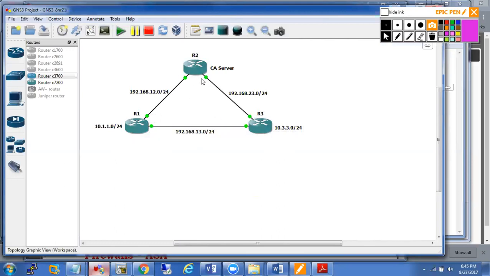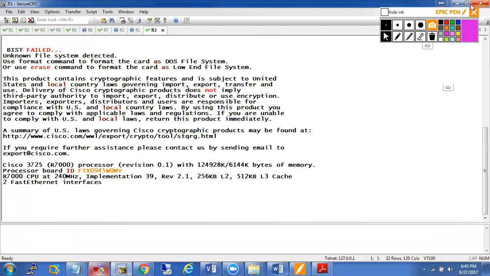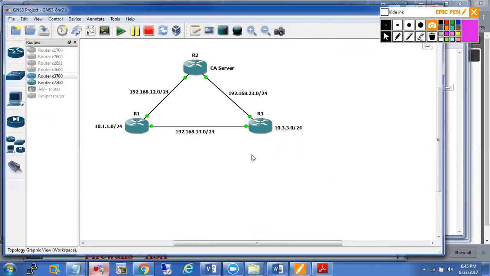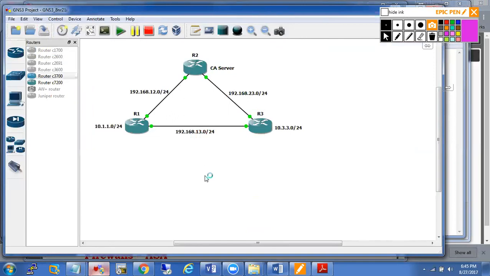So the first thing I need to do is set up router 2 as a CA server, download the certificate and all that. But before I get to that, let's go ahead and set up my basic connectivity, routing, so that everybody can talk to everybody. So that's what I'm going to do first. Let me close this because I've got too many routers. Start from scratch.